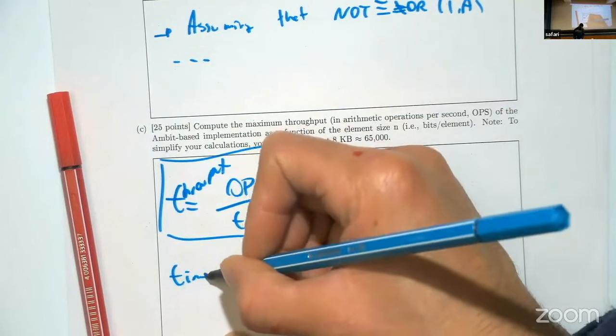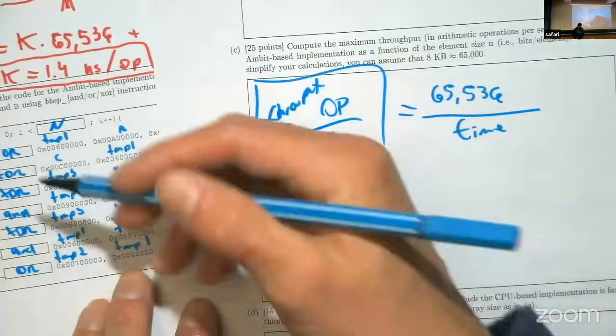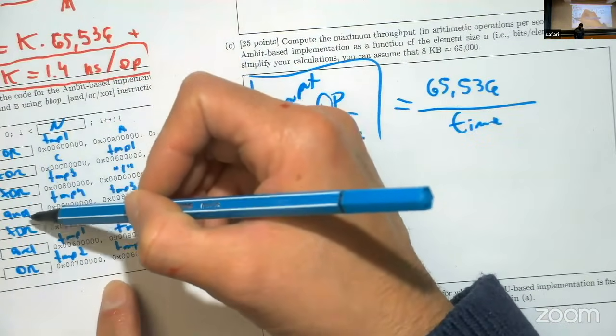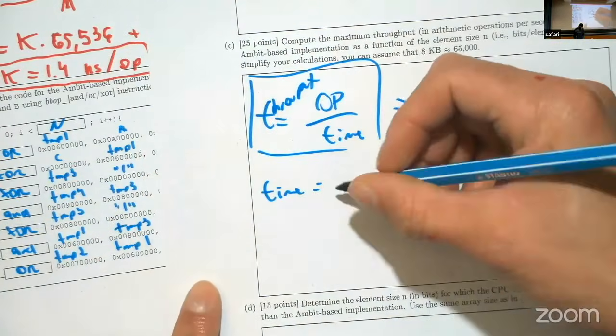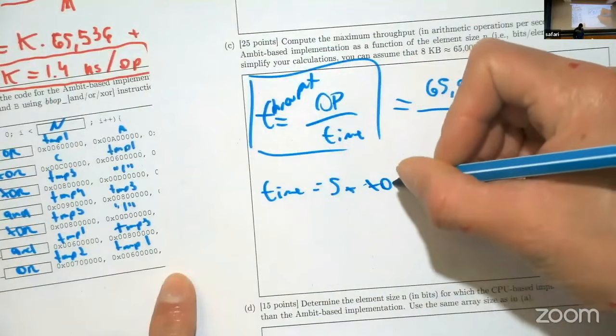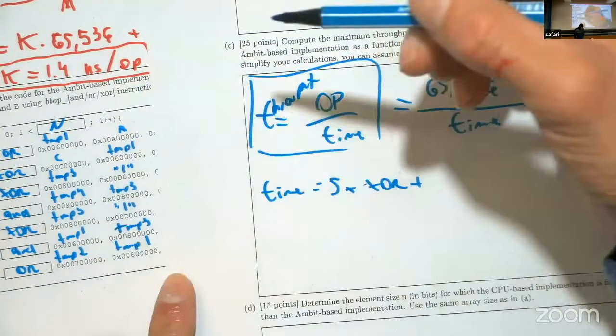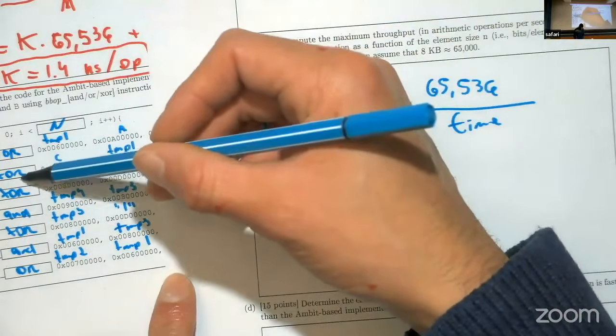The time is quite straightforward. You go here, you have to implement 1, 2, 3, 4. So you have to do 4 times the time of XOR plus, why did I put 5 there?